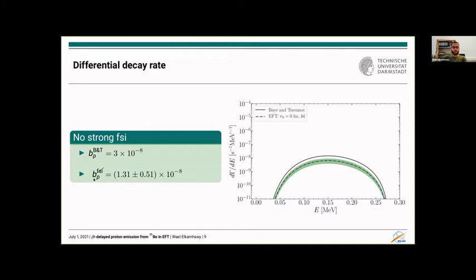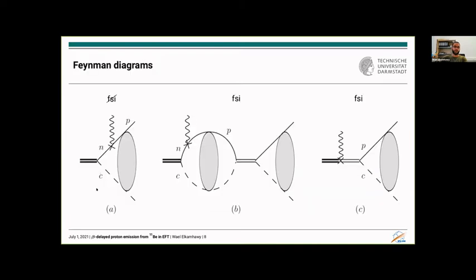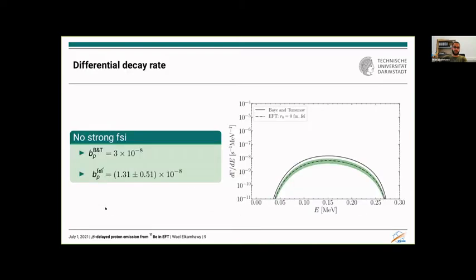Here's our result for the branching ratio if we do not include final state interactions. This is basically taking into account only diagram A. Then we get a result of 1.31 times 10 to the minus 8, similar in size to the model calculation by Bay and Tursunov. On the right-hand side, you find the corresponding plot.